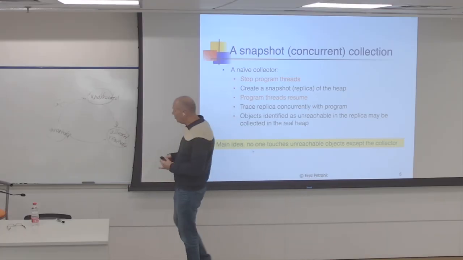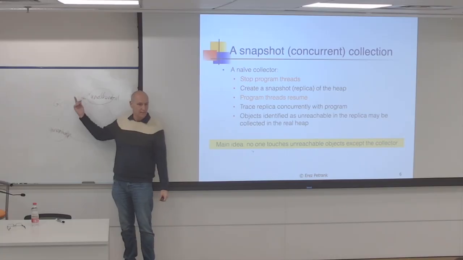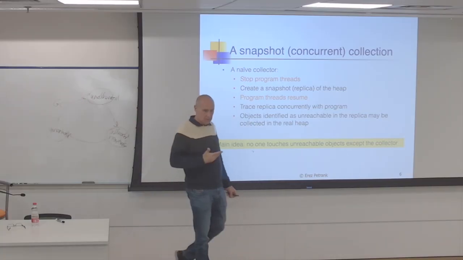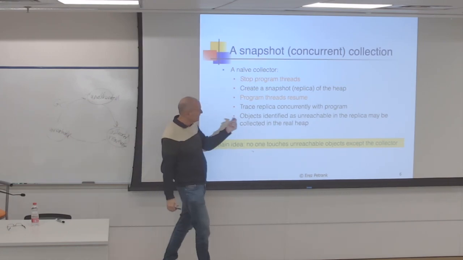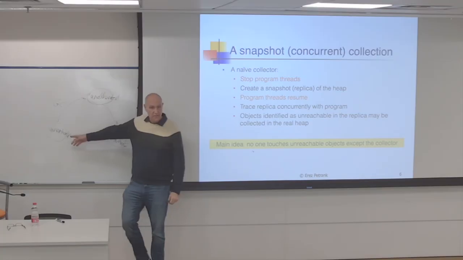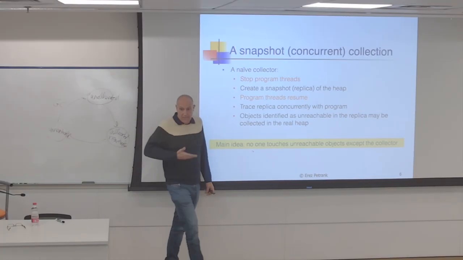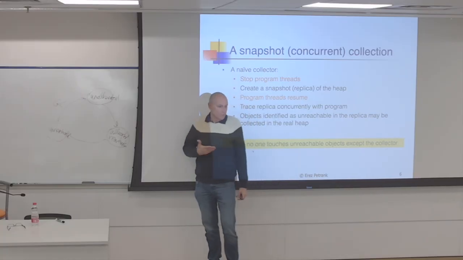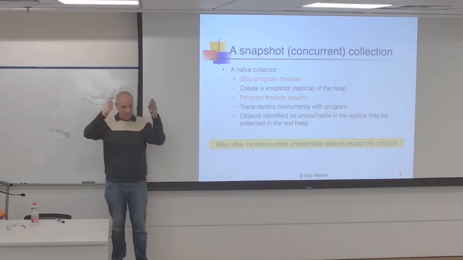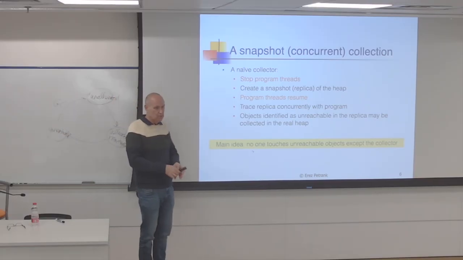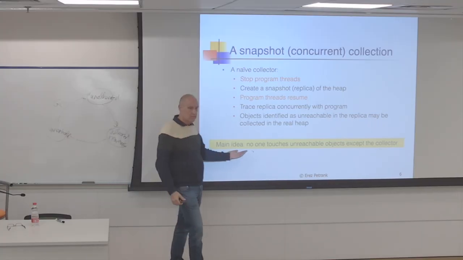So the goal for the GC is to find these unreachable objects and tell the allocator these are ready for allocation. No one needs them anymore. If you look at all these unreachable objects, no one touches them. The program cannot touch them anymore because they're unreachable, and I'm the collector, the only one who may touch them. So if I take a copy of the heap and freeze its state, and I look for unreachable objects and identify them, I know that no one touches them except for me.